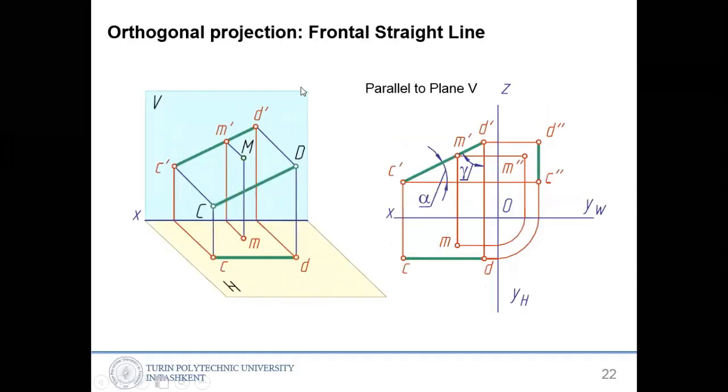If the line is parallel to the horizontal plane, we call it a horizontal straight line. If the line is parallel to the vertical, frontal plane, the V plane, we call it a frontal straight line. It's like this. We project it to the V plane with a slope. But if you see from the top, it is parallel to the XO line.